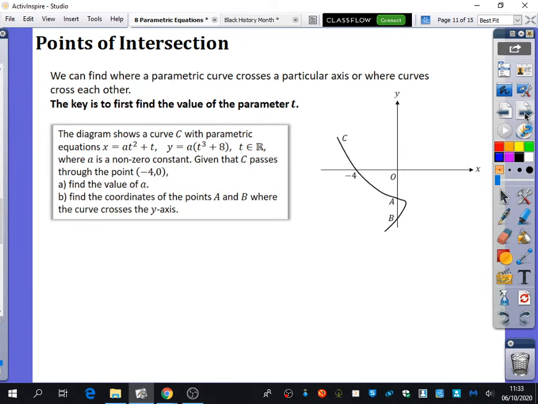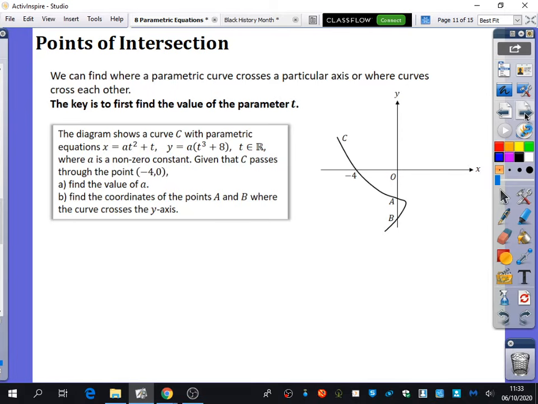So what I've got here, it says the diagram shows a curve C with parametric equations x equals at squared plus t and y equals at cubed plus 8, where t is a real number and a is a non-zero constant. Given that C passes through the point -4, 0, find the value of a.